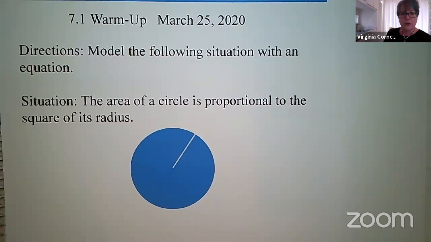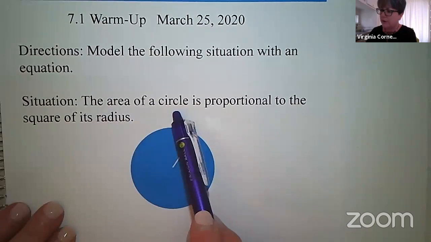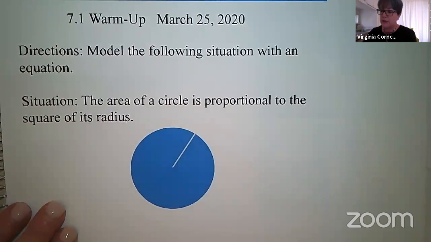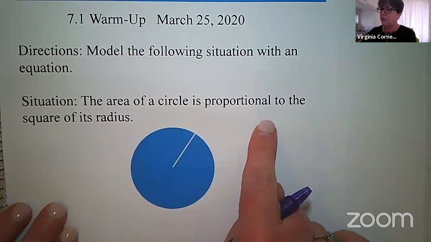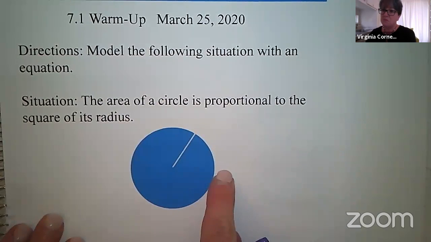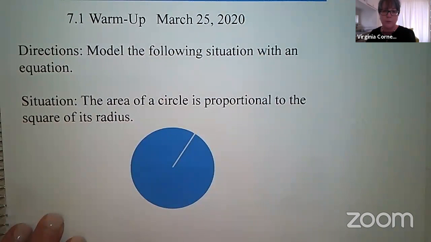All right, so here's our warm up. I'm trying to model this situation, the area of a circle is proportional to the square of its radius, with an equation. I'm taking a verbal description, and I'm going to write it as an equation. This is something that you probably would have done last year, year before, definitely before calculus. There's no calculus in this little warm up right here.